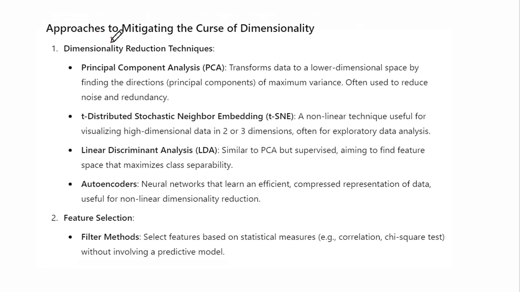What are the solutions? How to mitigate it? What are the approaches to mitigate the curse of dimensionality? The first approach is reducing the dimensionality, that is called dimensionality reduction techniques.